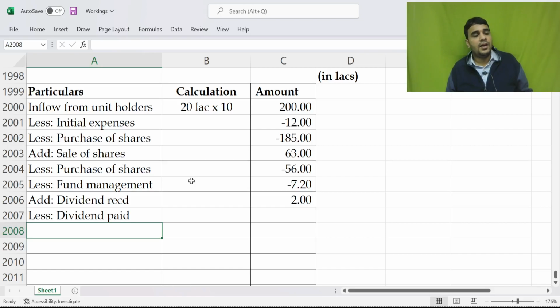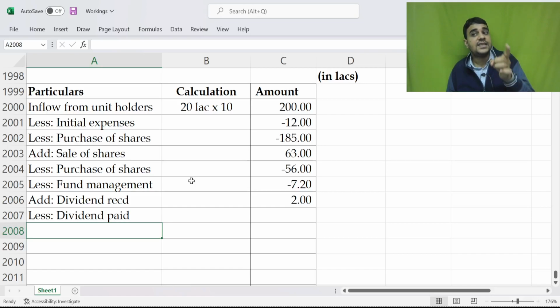Now listen, there are three things which a mutual fund will get. One is called capital appreciation, which is unrealized. What is unrealized is you bought the share, you are yet to sell. Second is realized capital gain. Realized capital gain will form part of realized gain. Dividend will also form part of realized gain.